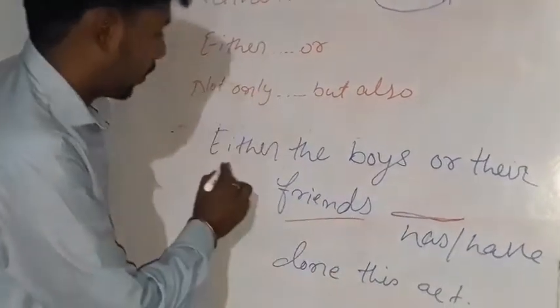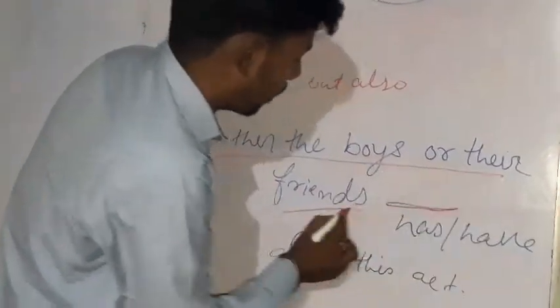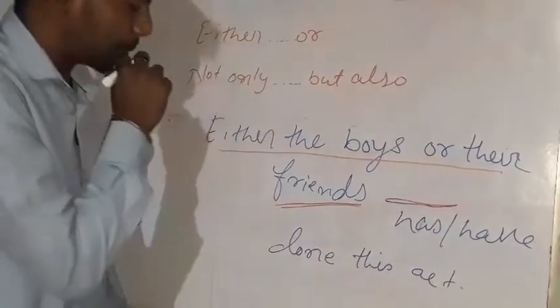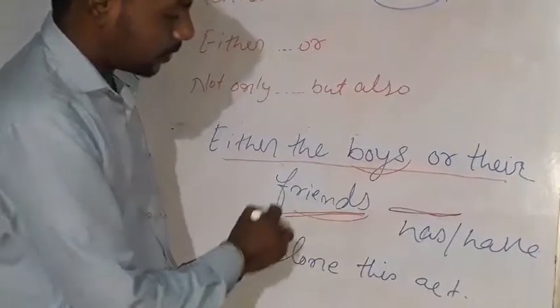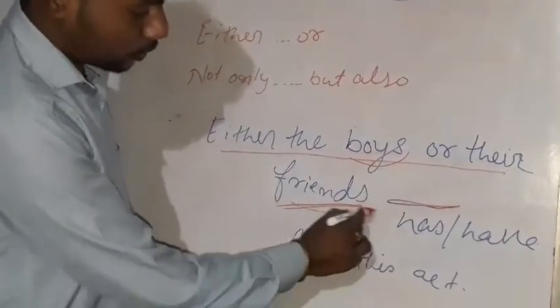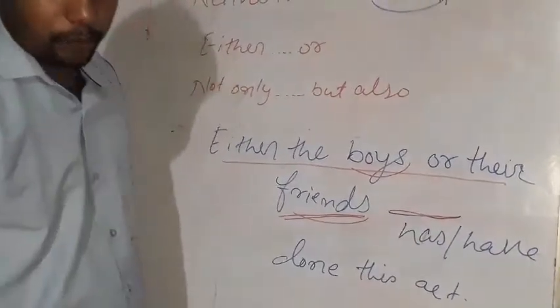Here this is the subject part, and of the two nouns, boys and friends, friends is closer to the place of verb.